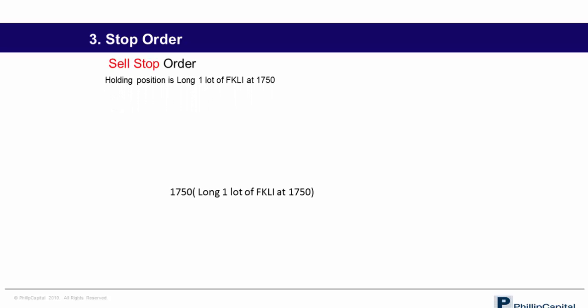Let's look at an example. A sell stop order. If you're holding a long one lot FKLI at 1,750 points, you hope to make a profit when the price goes up. However, if the price starts going down, you will be making a loss, and you want to limit the loss by putting a sell stop order.